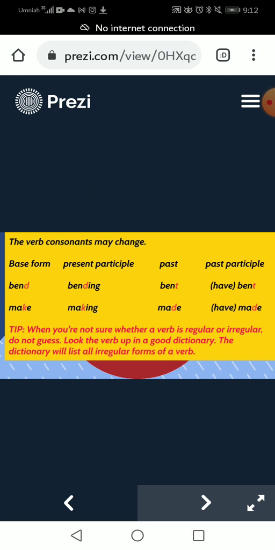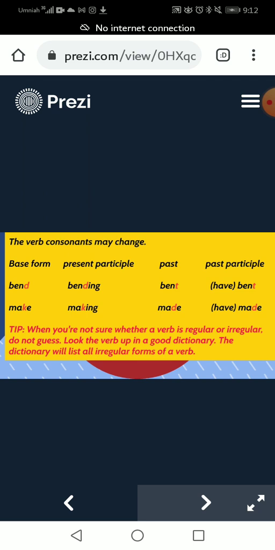Now, the verb's consonants may change in the irregular verb. For example, bend. In the base form, it's bend. In the present participle, we add the ing. It's bending. While the consonant D changes in the past form.